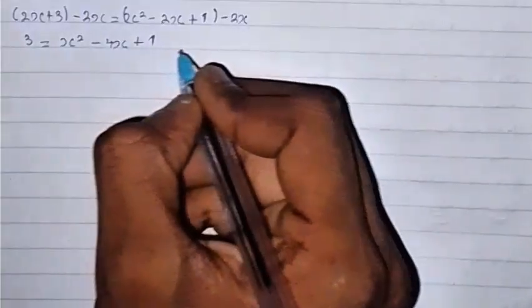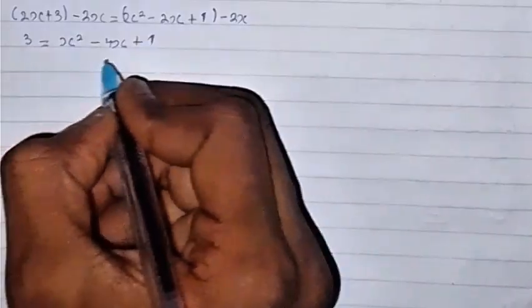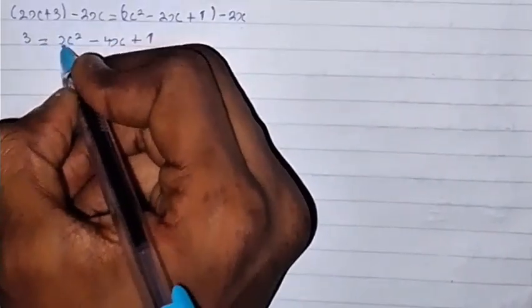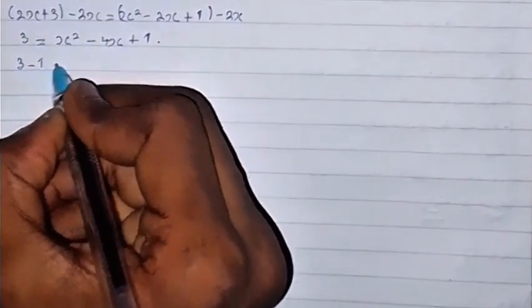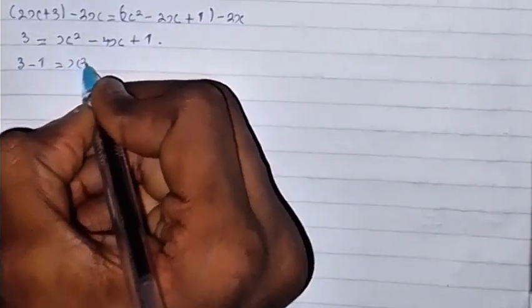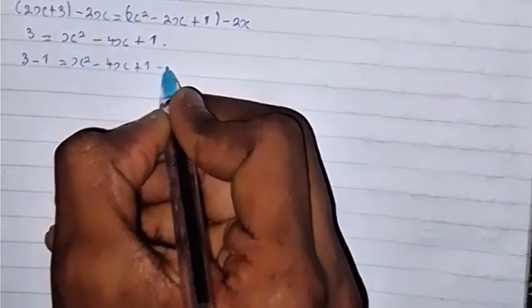We need the constants on the left hand side now. To do that, we simply subtract 1 from both sides. It becomes 3 minus 1 will be equals to x squared minus 4x plus 1 minus 1.